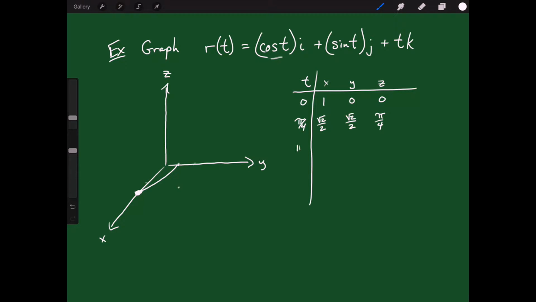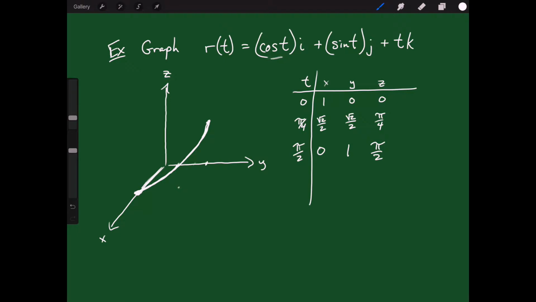Okay, so now let's try pi over 2. Cosine of pi over 2 is 0. Sine of pi over 2 is 1. And then I get pi over 2. So I go 0 in the x direction, 1 in the y direction, and then up pi over 2. So I kind of come up here. This is sort of hard to see. You kind of have to use your imagination a little bit. This first point is out 1 in the x direction.